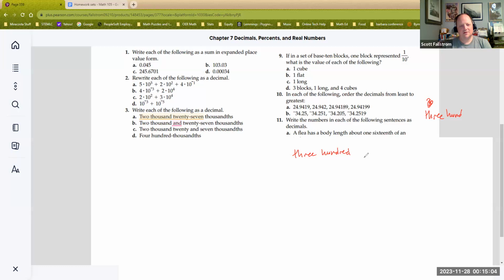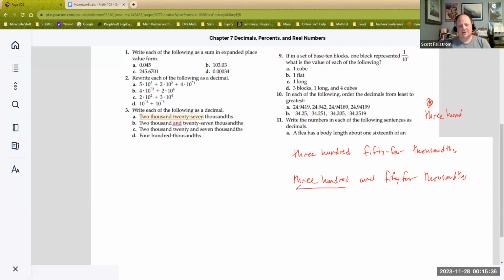300 and 54 thousandths. Okay. And then we'll repeat that with 354 thousandths.